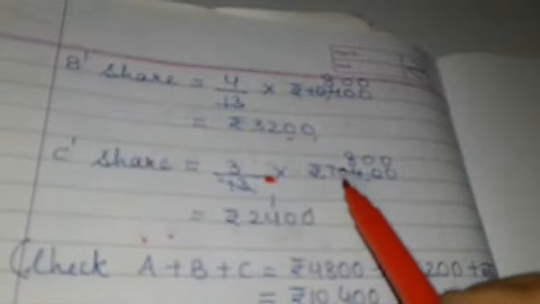So 4 by 13 multiplied by 10,400. 13 eights are 104, 0 0, 4 eights are 32, so rupees 3200.